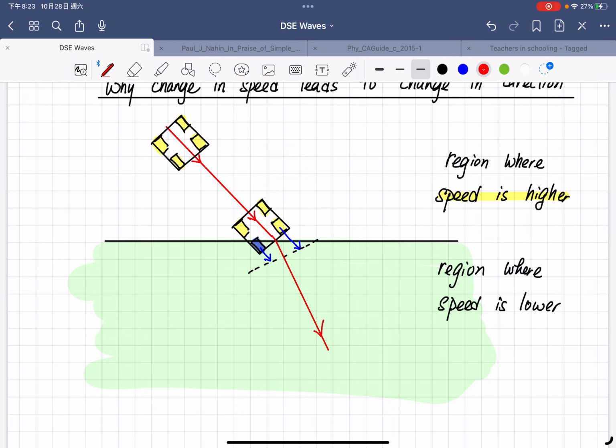So this explanation, or this story, can explain why a change in wave speed can lead to a change in direction. Okay, I will specify here: this one moves faster, or this one moves slower, like this.